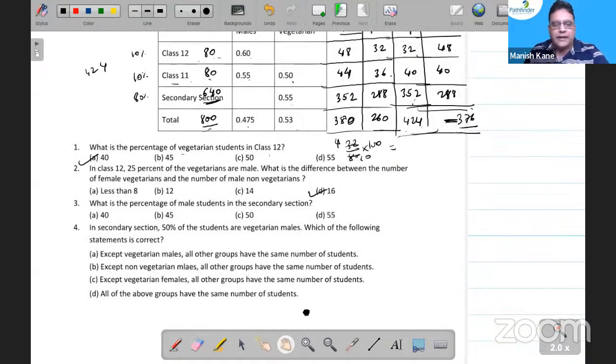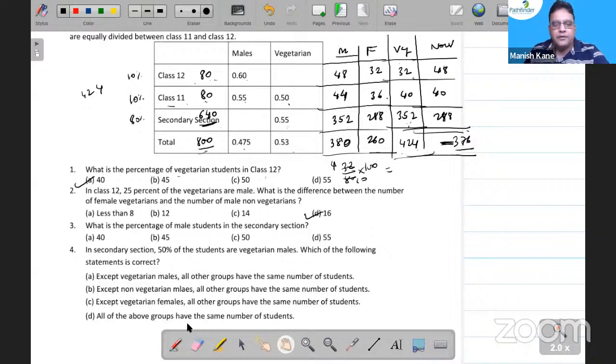What is the percentage of male students in the secondary section? So the percentage of male students in the secondary section is 352 upon 640. So 352, correct? 25s are 5, 5 3s are 15, 5 4s are.